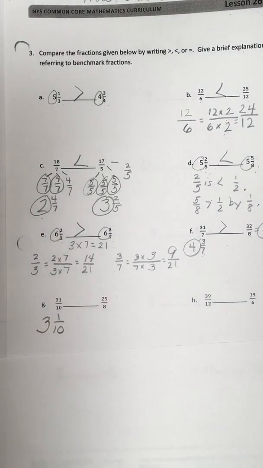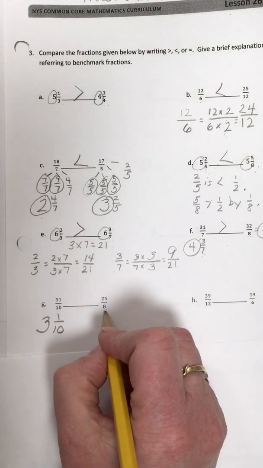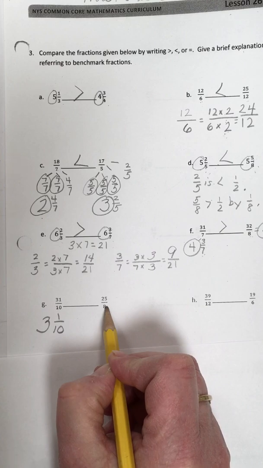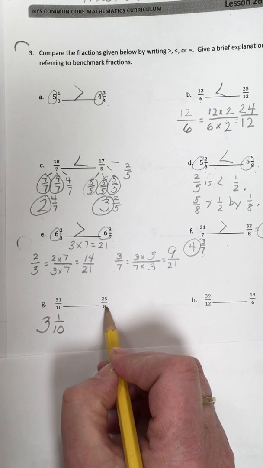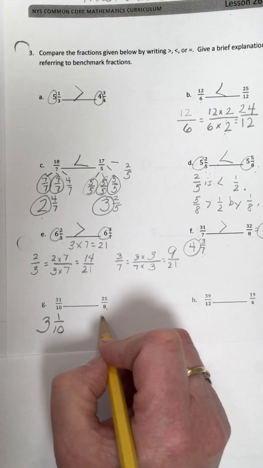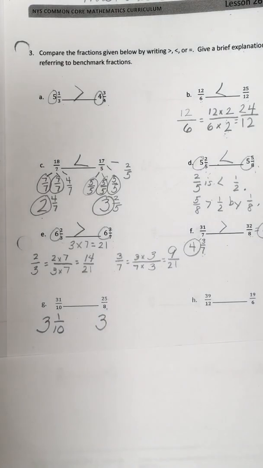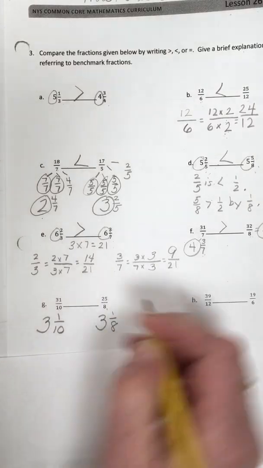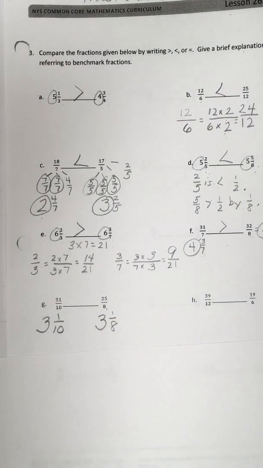Keep the same denominator. I'm going to use the division strategy for this also. 25 divided by 8. 8 can go in 3 times. That's 24. 25 minus 24 is 1. Keep the same denominator. So now I have mixed numbers.